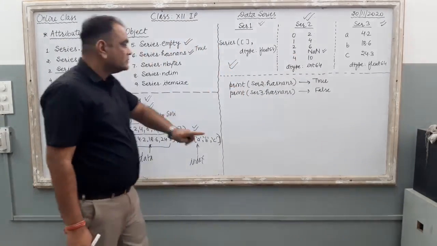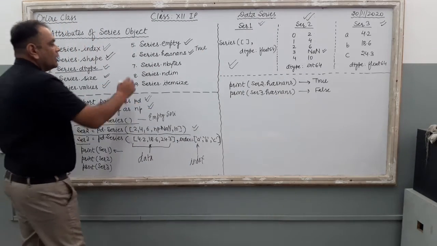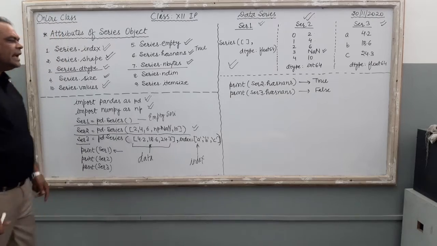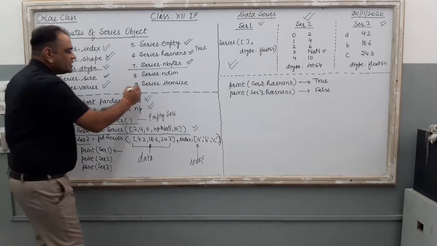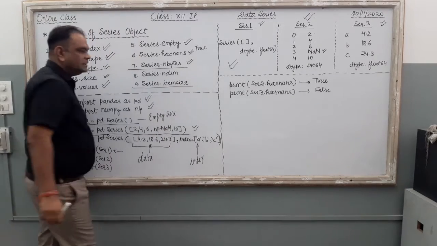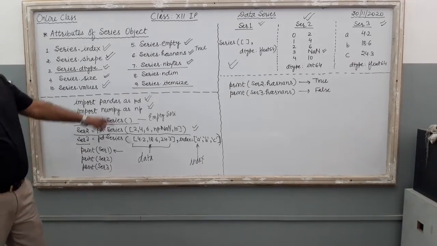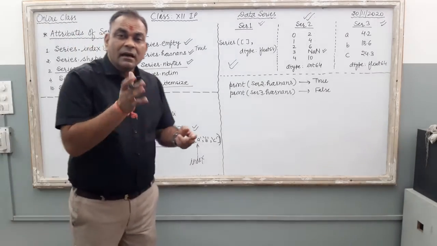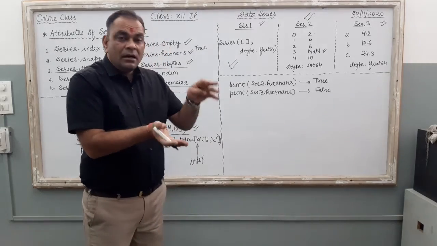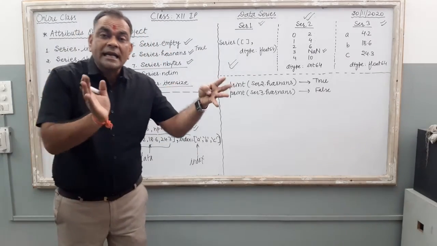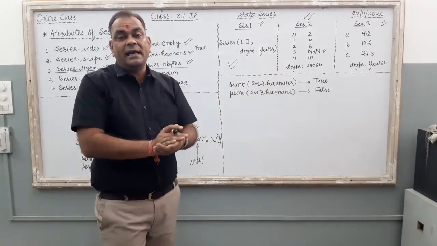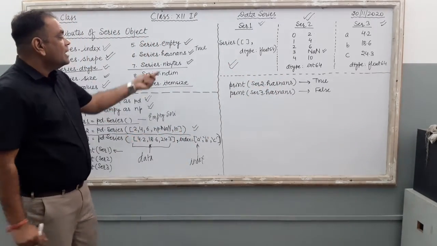It is covered. Now the next one, nbytes. Before nbytes we will first do itemsize, then we will shift to nbytes. nbytes means number of bytes contained by a series, how many bytes a series occupies.